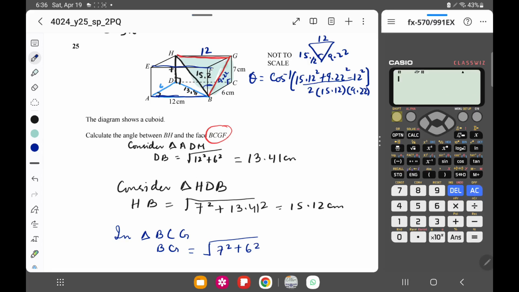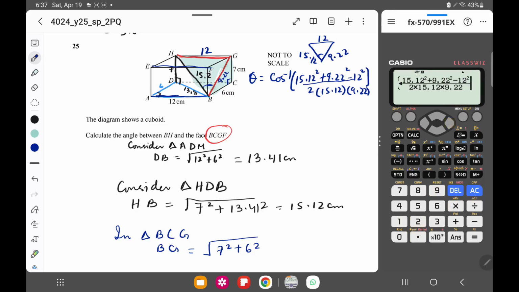Shift cos inverse, and then you have 15.12 squared plus 9.22 squared, minus 12 squared, division 2 times 15.12 and 9.22.